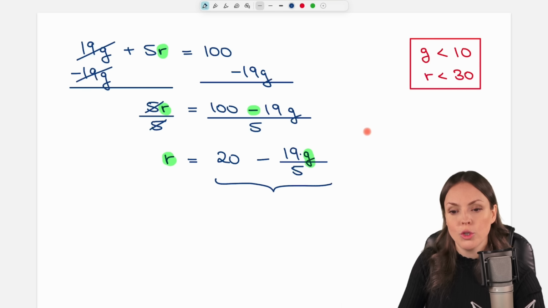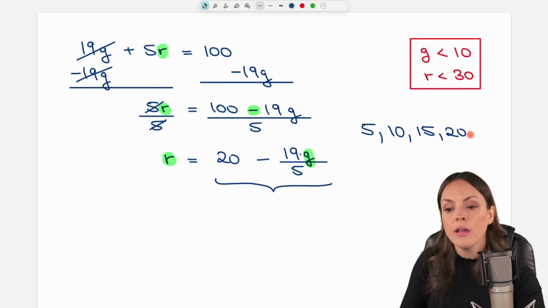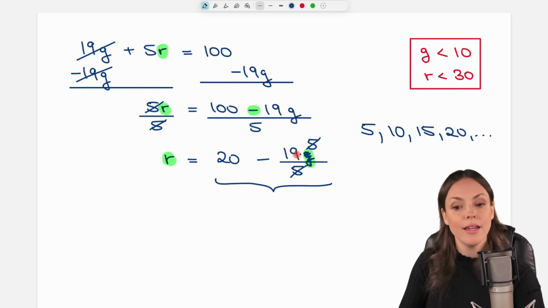So G could be 5 itself, or 10, or 15, 20, and so on. So let's say G was 5. Let's insert it here to see what happens. Then this cancels out, and we get a whole number as a result.